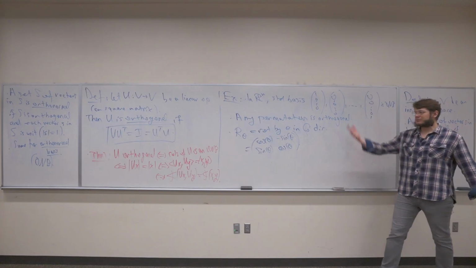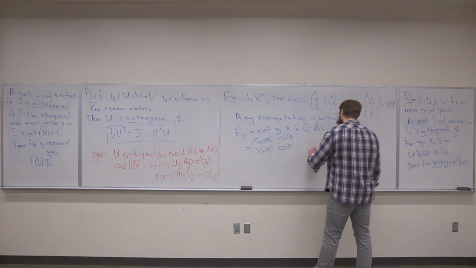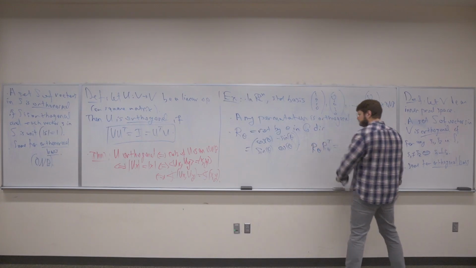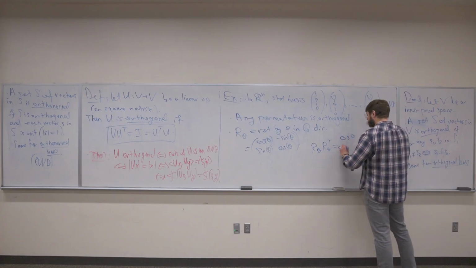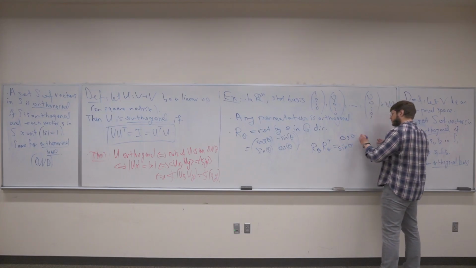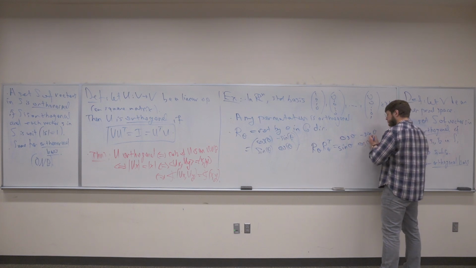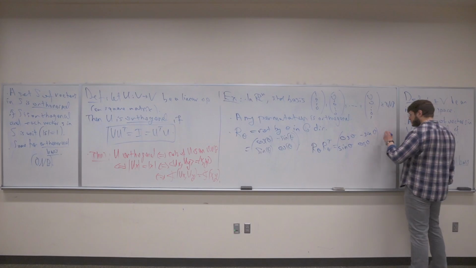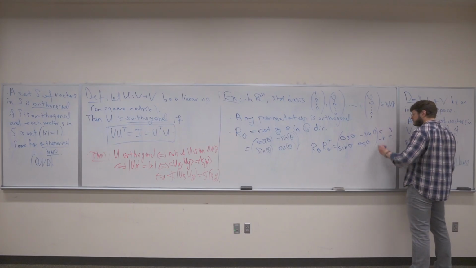You can just use this idea that the columns of this rotation form an orthonormal basis. Or you can directly compute R theta times R theta transpose. Let's do that. That's my R theta. And then I'm going to have cosine, minus sine, sine, cosine.